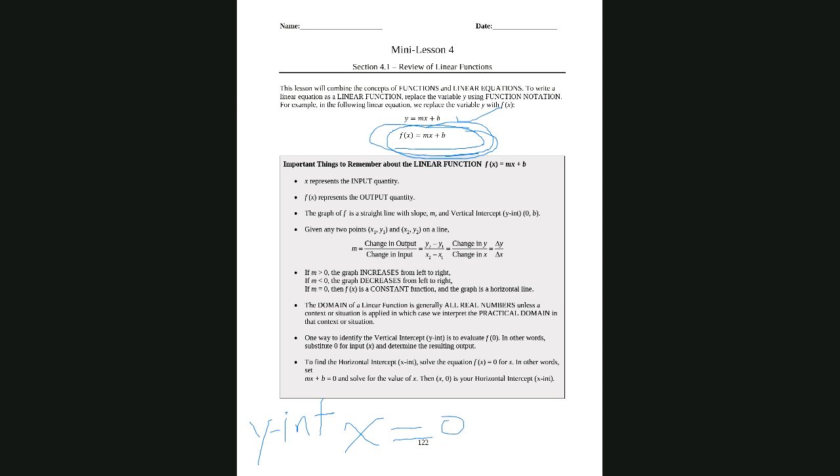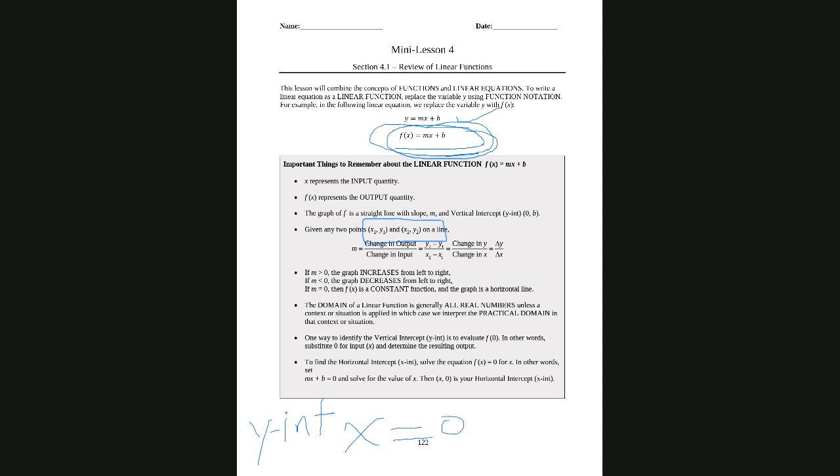Now, given any 2 points, you should be able to find the slope. So look at these 2 points here. x1, y1 as 1 point, and then x2, y2 as another point. These 2 points are on a line.